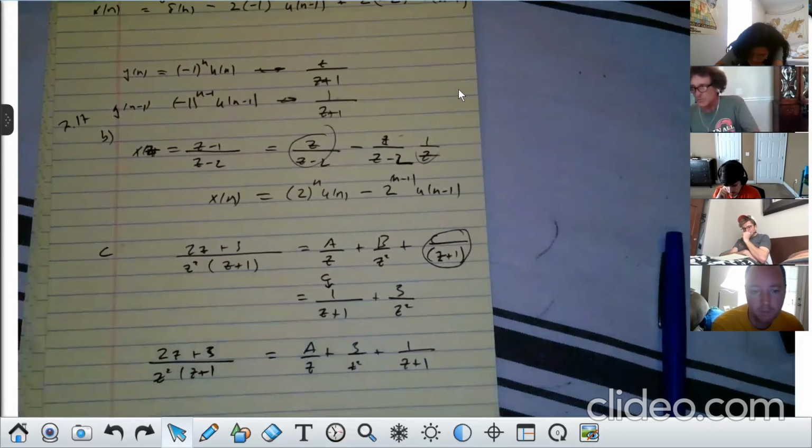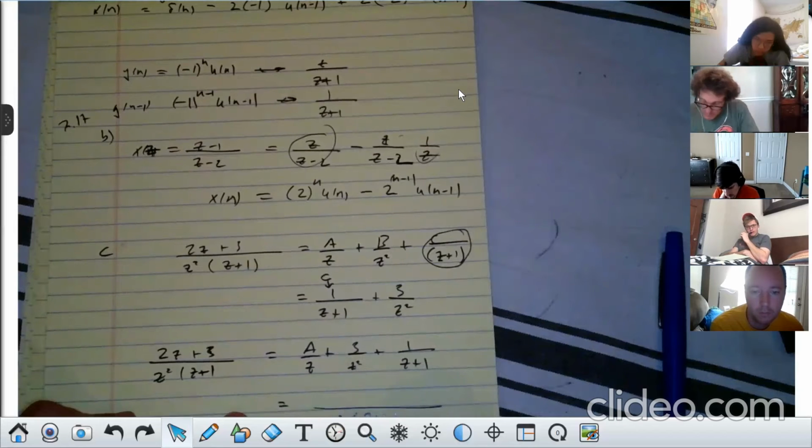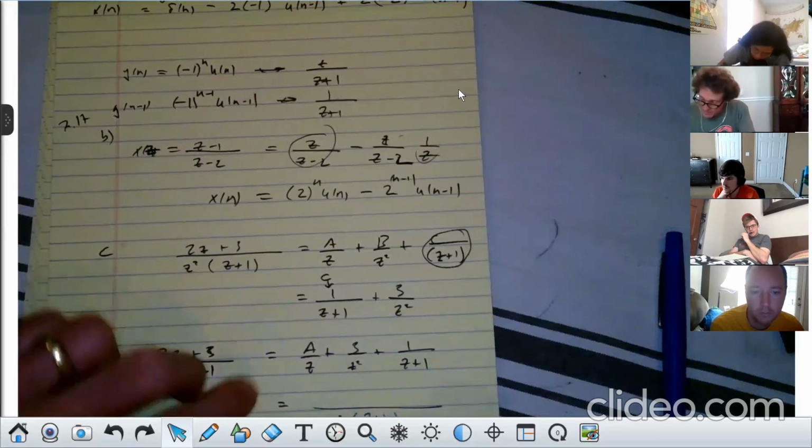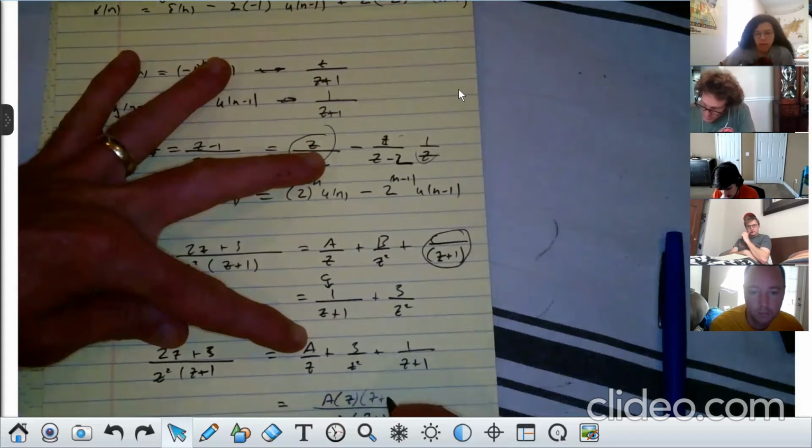Now, I do this because most students, I found out, tend to like this method better. If we get a common denominator here, we would have z squared times z plus 1. Then for a, my coefficient would be a times z, times z plus 1, correct?